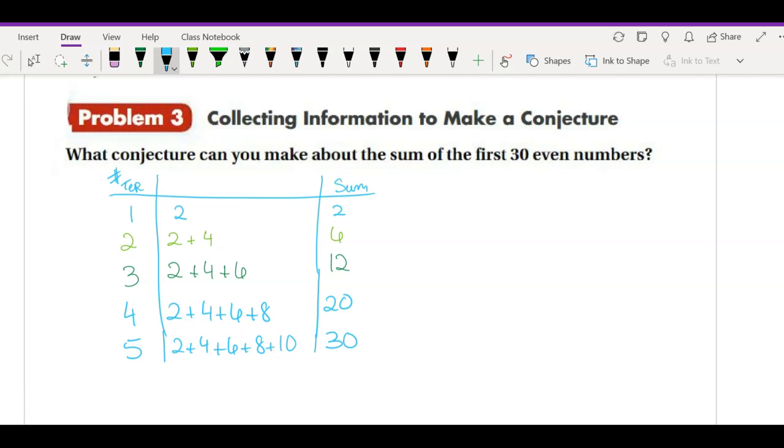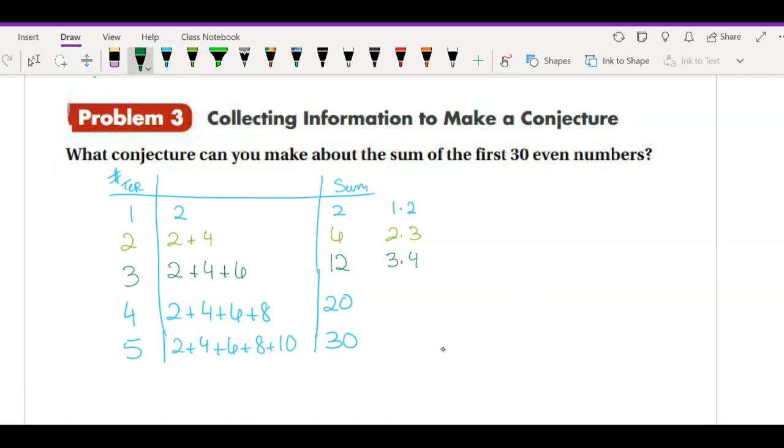So let's see if I can see a relationship between the number of terms and the sum. Okay, so 1 and 2. That's 1 times 2. 2 and 6. Oh, well, that's 2 times 3. 3 and 12. Oh, this one is 3 times 4.